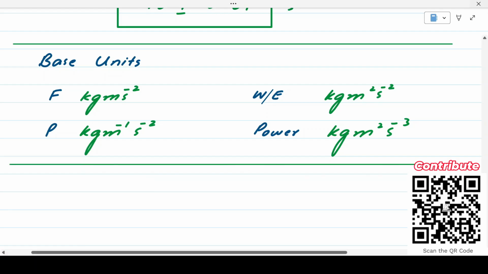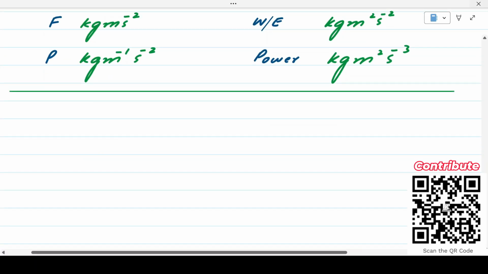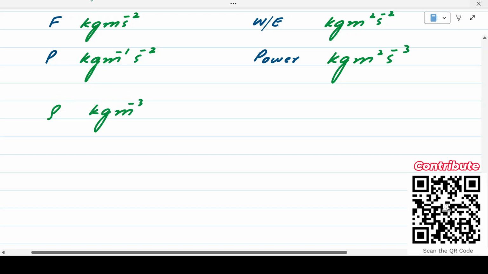So whatever formula is given, make that the subject and insert the units of all the quantities in the expression. Normally they give you density also, so for density it is kg m^-3. That should also be memorized. So it is not basically fantastic 4 but fantastic 5 in this case.